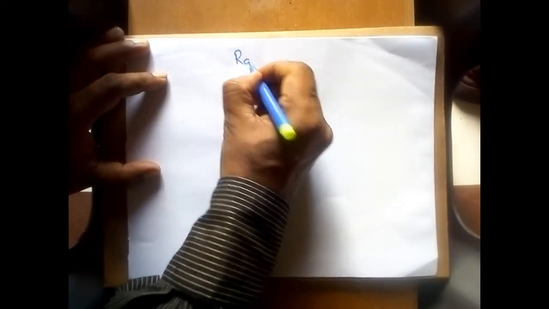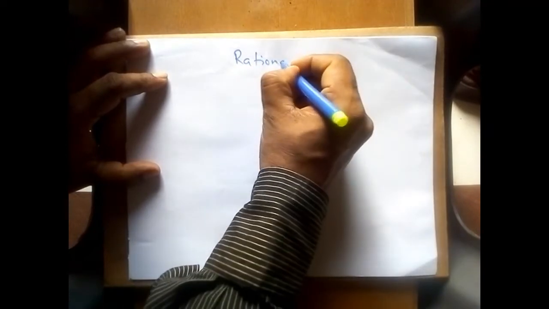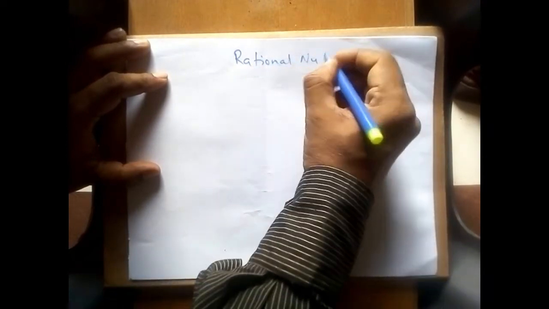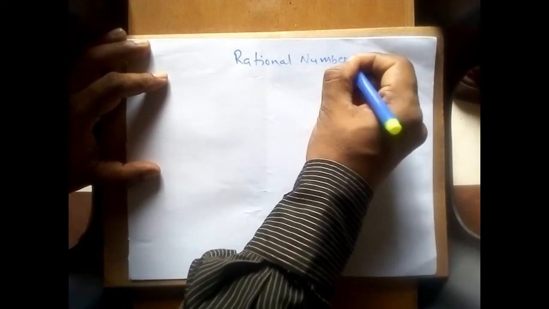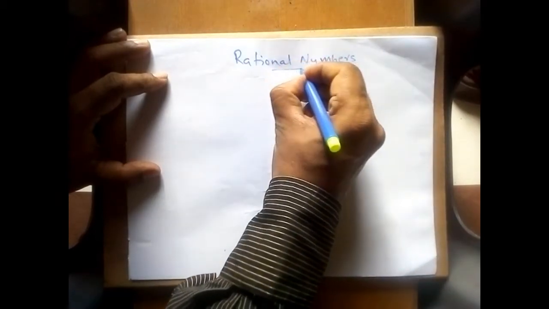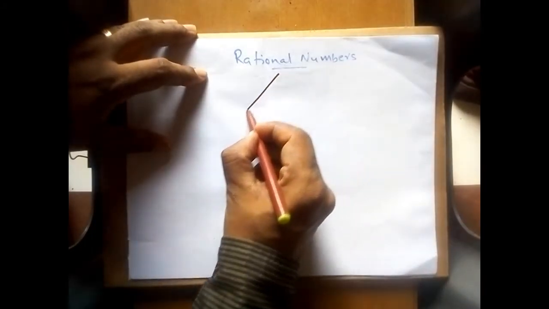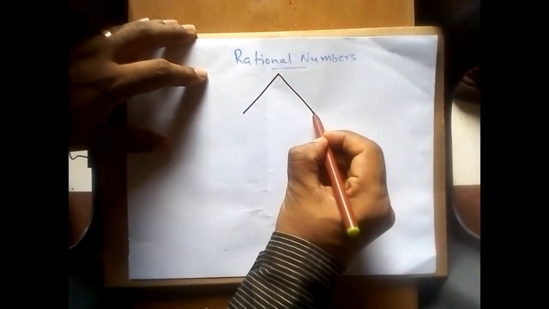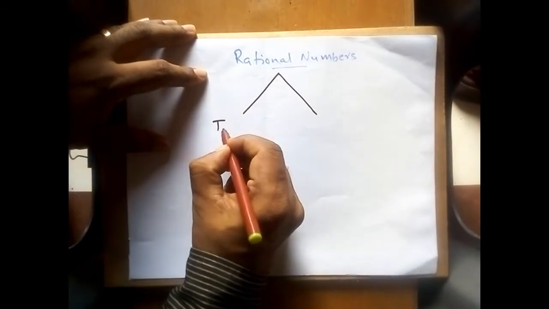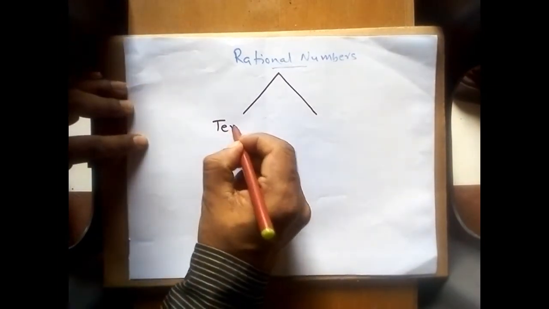Rational numbers are again divided into two sections. One is terminating.